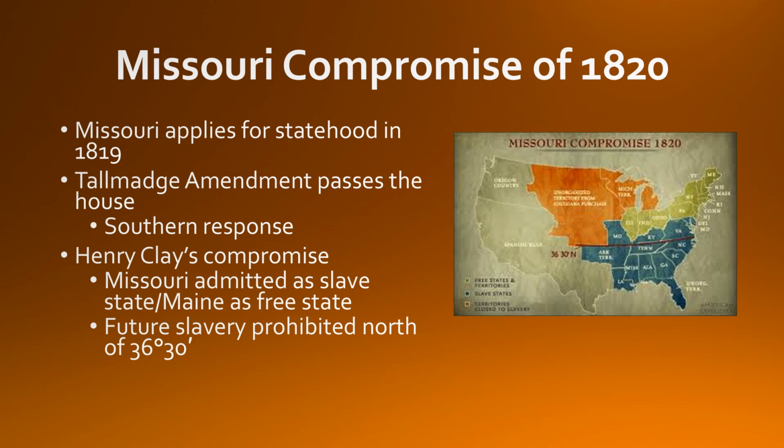The North had the advantage as Spanish territory in the Southwest prevented significant southern expansion westward, and Southerners were not too concerned about lands north of the 36°30′, as that land was just not conducive to cash crop agriculture requiring slave labor. And the legacy, of course, is that it's going to last 34 years, preserve the Union, and become kind of the law of the land until the Kansas-Nebraska Act of 1854.